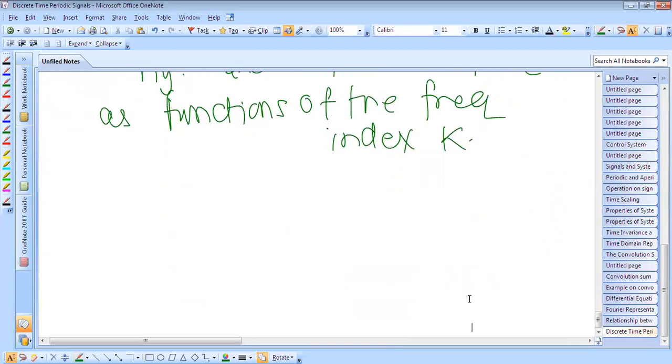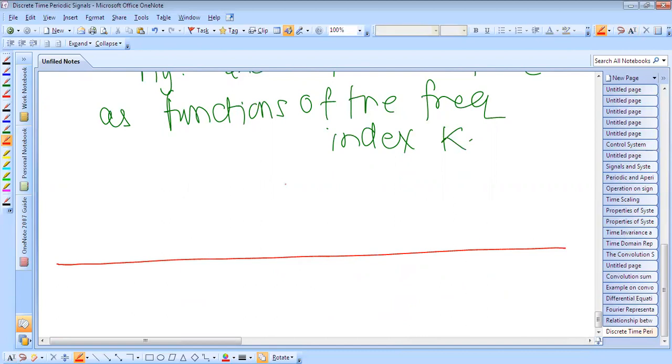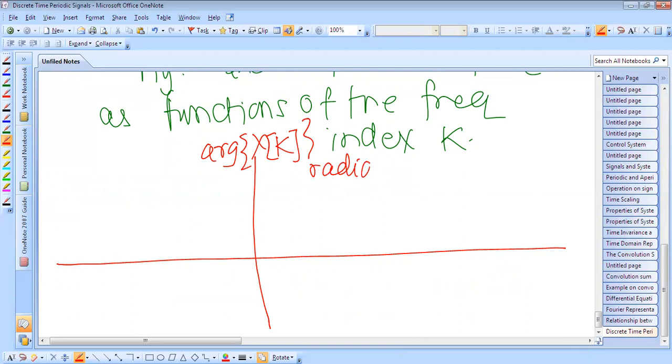Okay, now we have to draw the phase plot. So phase plot is drawn. So this is the argument of x of k in radians.